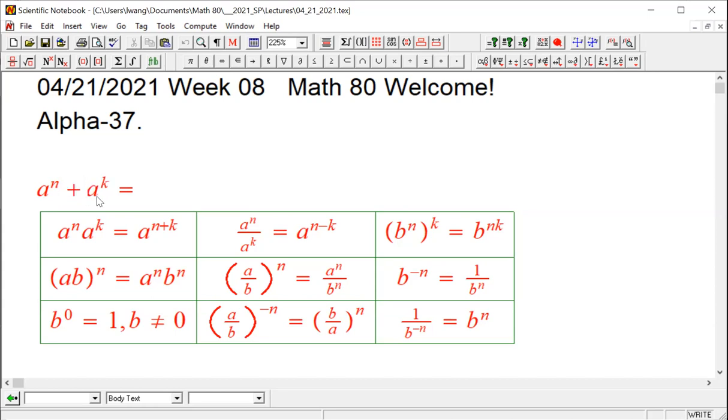There's no formula for it. How about subtracting them? Nothing. Adding, we have no formula for it. Subtracting, we have nothing. But what if we encounter those problems?